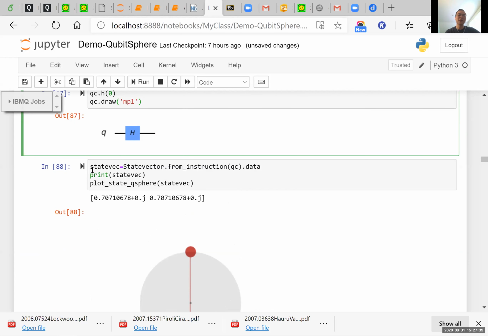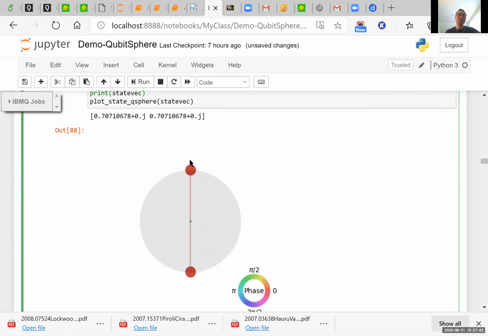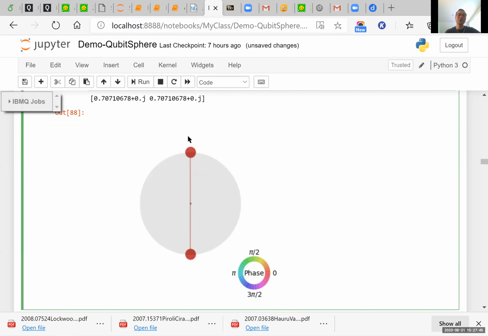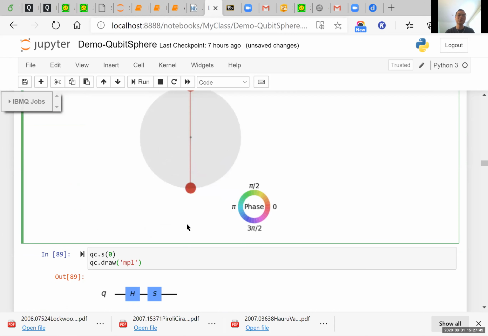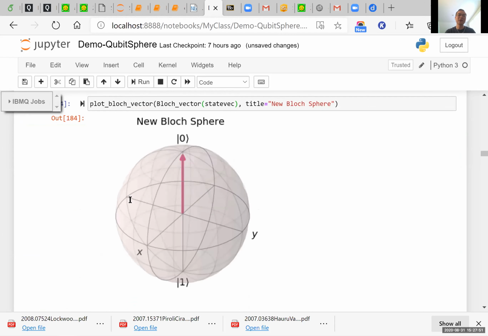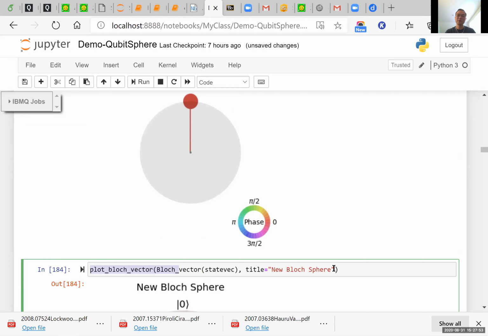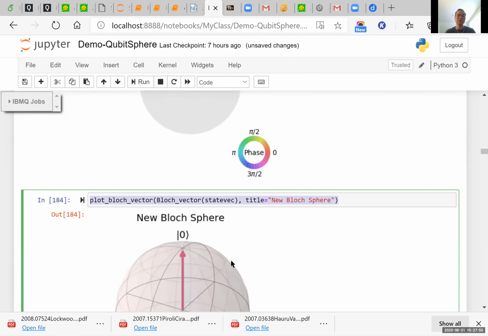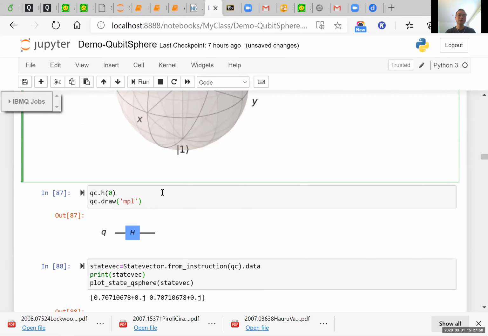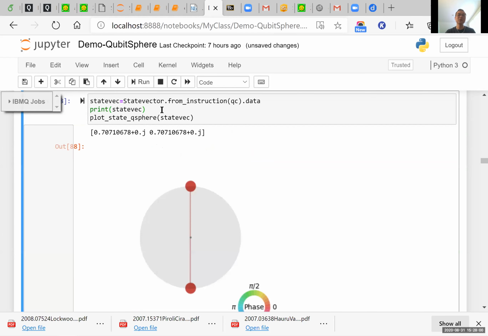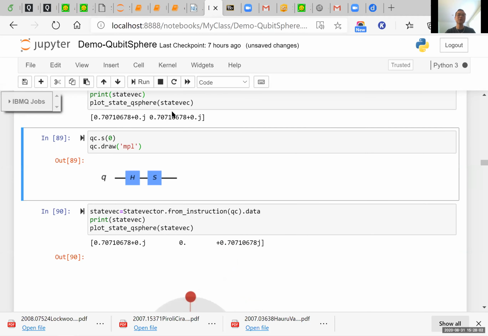When you use that to plot the Qsphere, it's really just giving you 0 and 1. This is the superposition, so it's not showing the same as the Bloch sphere. So there are some differences. Let me just execute this and plot.